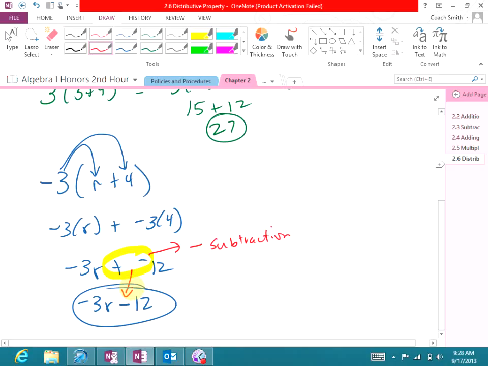Now, I'm not going to count it wrong if you write it like that, but you need to understand the book is going to write it as negative 3r minus 12. They're going to assume that you understand that that's the same expression and that you can write it that way. So we need to get in the habit of writing it that way from here on out. All right, let's look at another one.